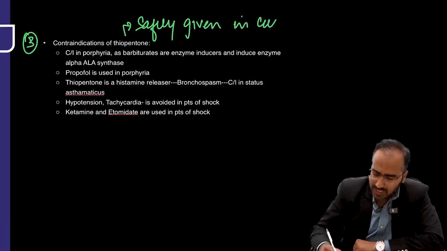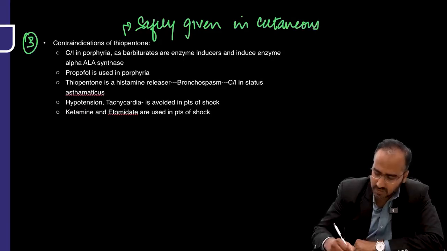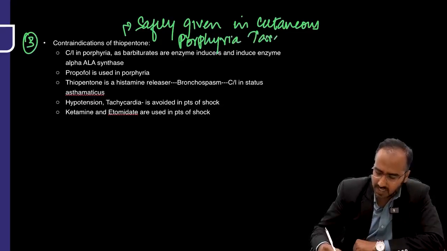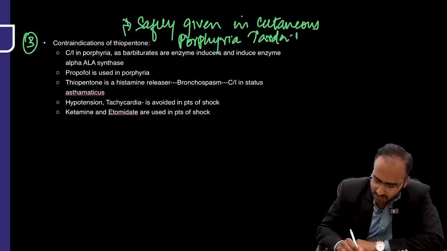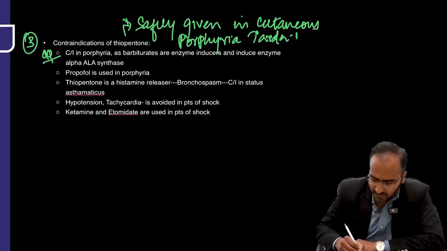It can be safely given in cutaneous porphyria tarda. But in acute intermittent porphyria, sodium thiopentone is highly contraindicated. Okay? What is the IV induction agent that is given in porphyria?